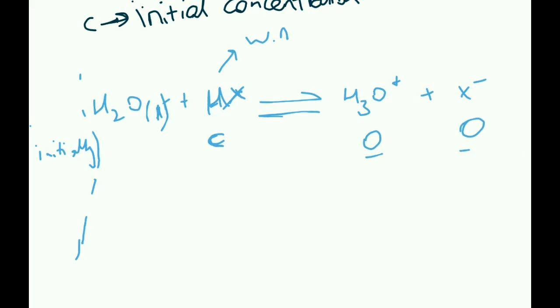But at some time T, this is going to have concentration C minus X, where X is the amount dissociated, and this is going to be X, and this is going to be X, because the amount dissociated is how much of this we get and how much of that we get.